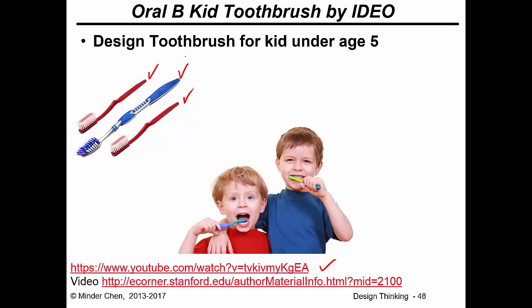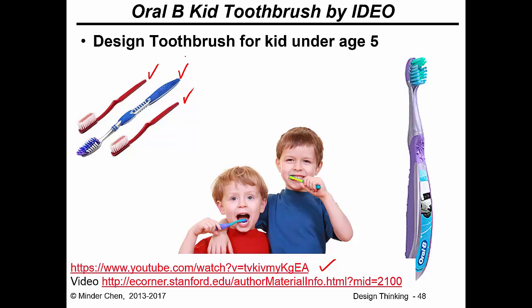Therefore, that observation leads to this insight. The insight leads them to the design of a toothbrush that has a much bigger handle. The head here may still be smaller than the adult's one, but the handle is actually much bigger and easier to hold on to.